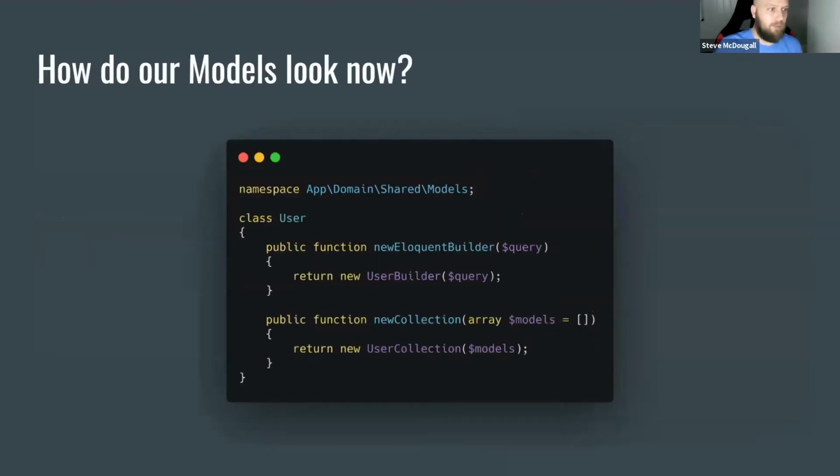So once we've factored our model from that basic Laravel, let's add in all of the methods to our model, let's add in all of our scopes, and let's start to really beef this business model up. I add a couple of methods which aren't as commonly used on the Eloquent models themselves. And that's a new Eloquent builder, which will return a new Eloquent builder based off of the model you're in.